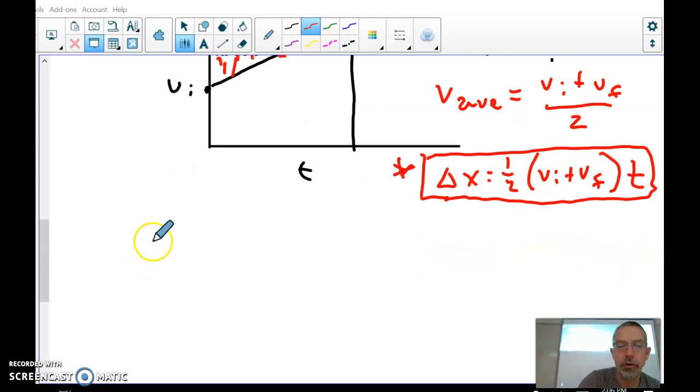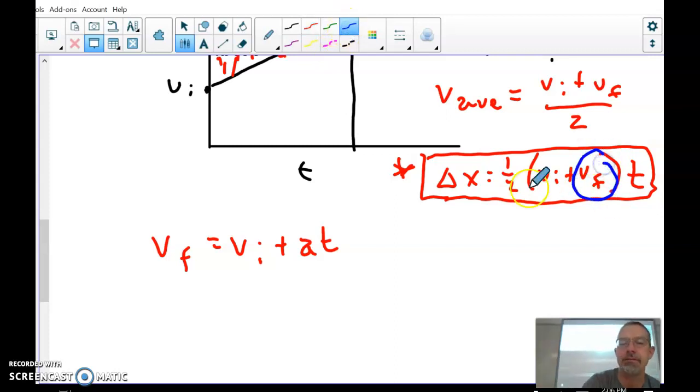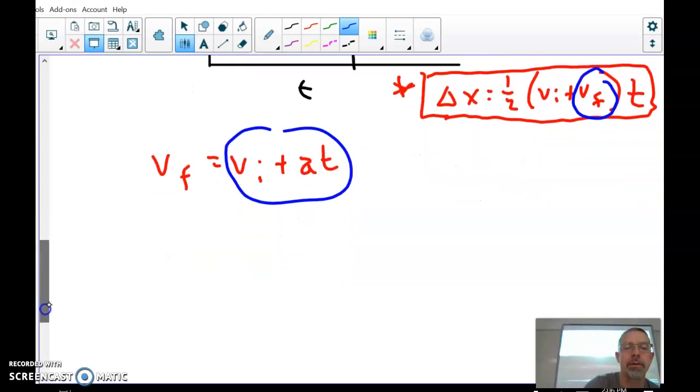So we said earlier that VF equals VI plus AT. We said that earlier on this page. And now we're saying that delta X equals 1/2 VI plus VF times T. Let's just, for the sake of argument, substitute in for this VF, VI plus AT. So what do we get when that happens?